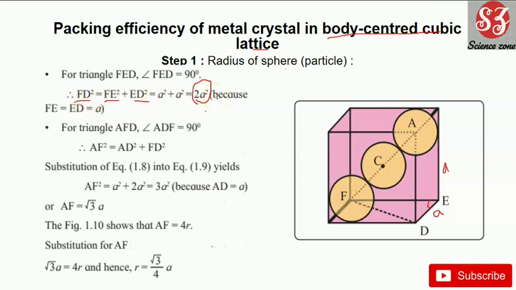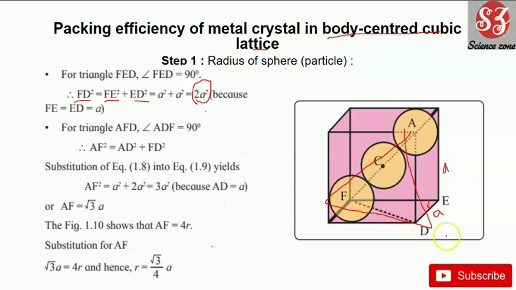Now move towards the next triangle, AFD. Can you see this triangle? Now AF square is equal to AD square plus FD square. I know AD square is a square.